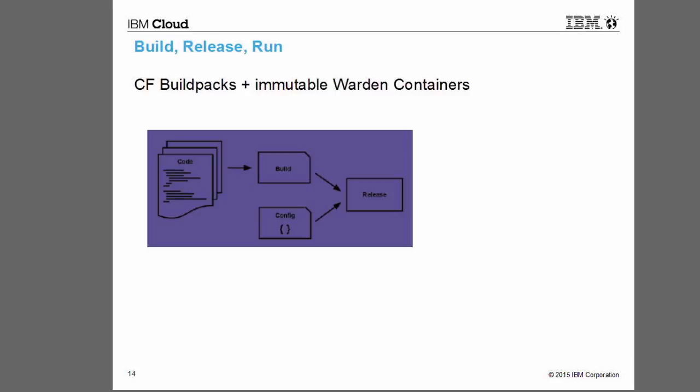If you're looking at the next slide, you see how the build and configuration are tied in Cloud Foundry with Warden immutable containers, before they get released onto production. So Bluemix provides you with the inbuilt framework for doing that with buildpack and Warden containers in this case.